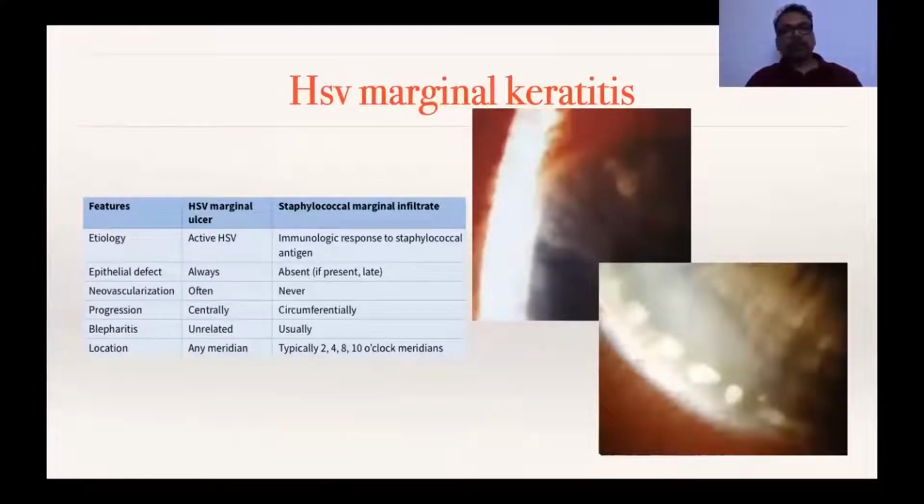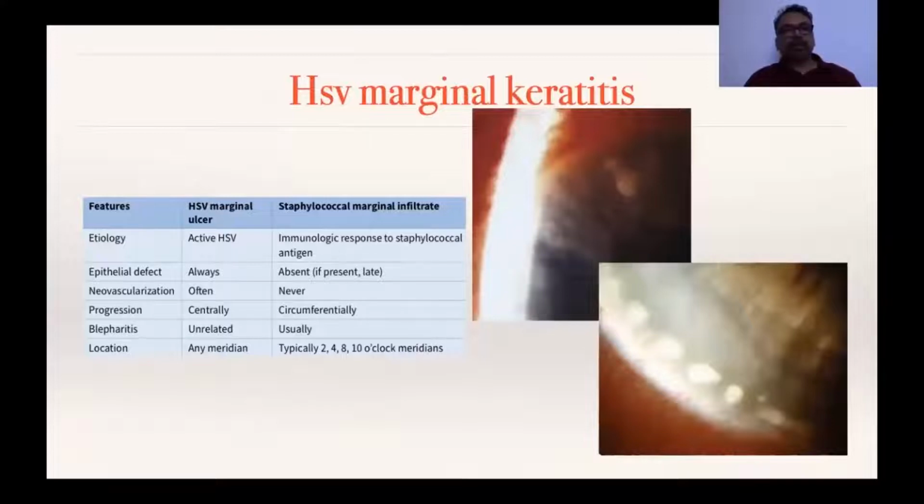Etiologically, HSV marginal keratitis is an active infection by the virus, and staphylococcal marginal infiltrate is an immunological response. In HSV marginal keratitis, the epithelial defect is present most of the time, which is absent in staph. Neovascularization is present in HSV, it is not there in staph.